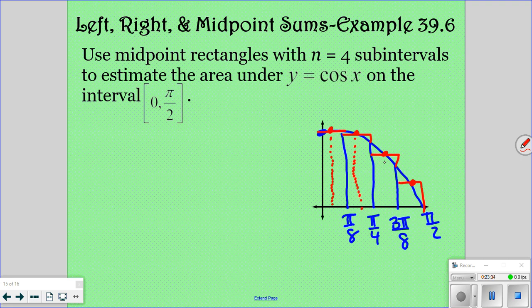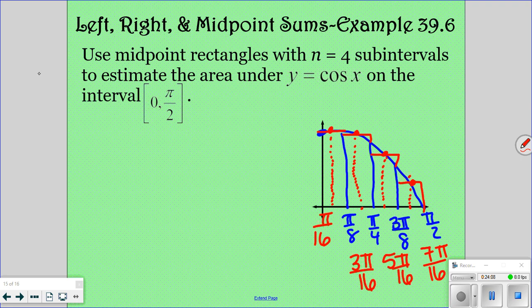We need the point that is where our dot is, which is the midpoint of all of those numbers. So halfway between 0 and pi/8 is going to be pi/16. Halfway between pi/8 and pi/4 is going to be 3pi/16. Just add them together and divide by 2. Halfway between the next ones are going to be 5pi/16, and then halfway between the next ones is 7pi/16.